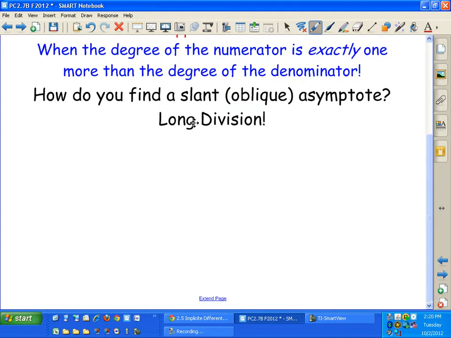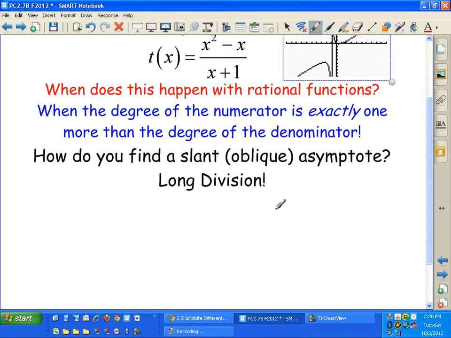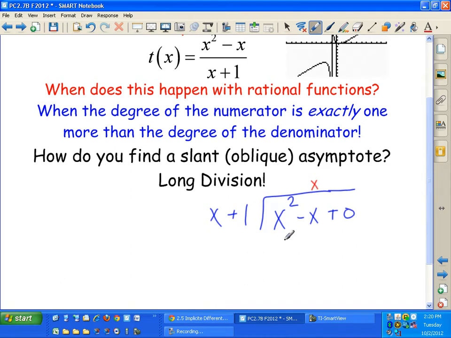And so if I have my function of x squared minus x, and I'm going to divide that by x plus 1, well, I have to add on the 0 term because I'm missing that. And so when I go ahead and divide this, I have to make x look like x squared. So I'm going to multiply by x, and that gives me x squared plus x. Now if I change the signs on the bottom row to subtract, then when I add straight down, I get -2x plus 0.